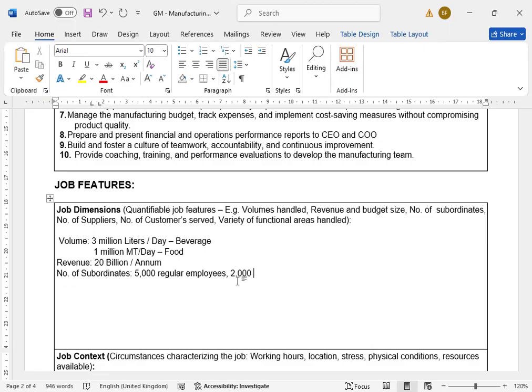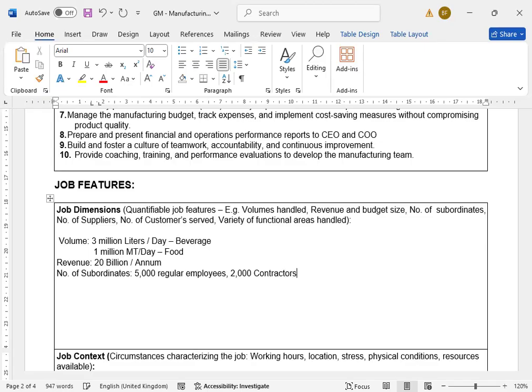Usually they get contractors to add to the regular employees for the guys who are doing the manual handling of products in the warehouse, manual handling of raw materials, sorting or picking finished products in the outbound warehouse for shipping, operating the hydraulic jacks. So usually they hire contractors for this kind of activity.